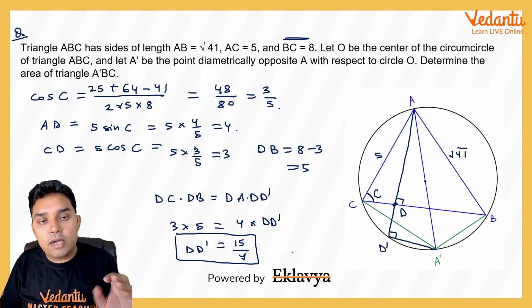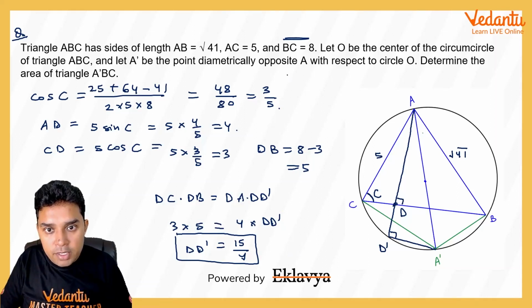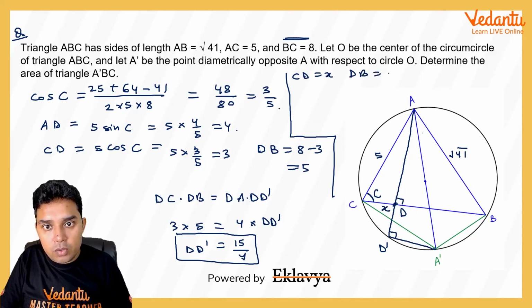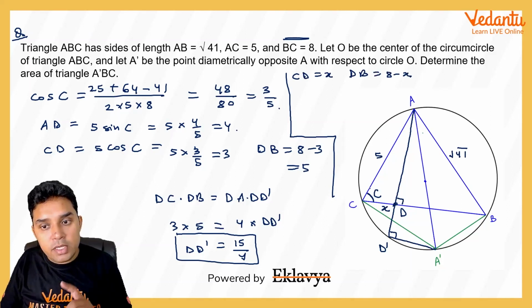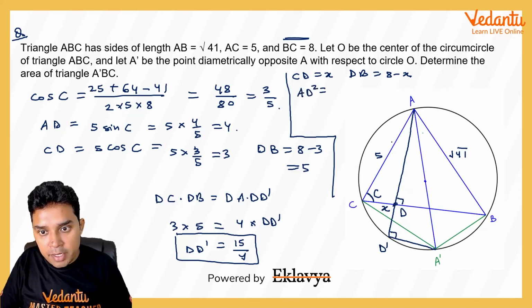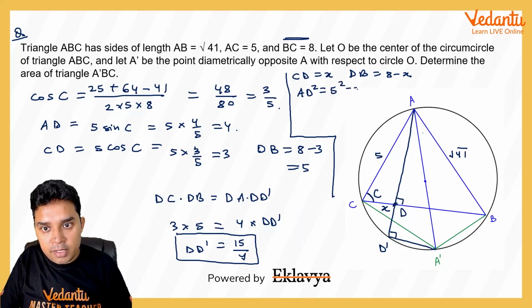Okay, I think finding area of this triangle is now just a trivial thing, but let me tell you, if you are not aware about cosine rule, then also this can be done. What you could have done here, you can take DC to be x, then DB will become equal to 8 minus x. Then using Pythagoras theorem, writing AD square in different manners, which is 5 square minus x square is equal to this 41 minus 8 minus x whole square.